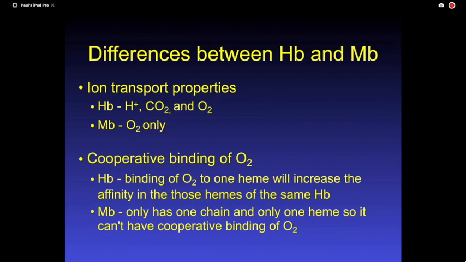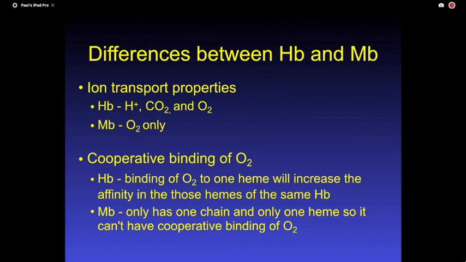It's easier to bind. Once you have 2, the third one is even easier to bind. And by the time you have 3 of them, the fourth one's binding really, really tightly, really, really quickly. Okay? Because we have 4 subunits, we get increased ability for everyone that is bound.